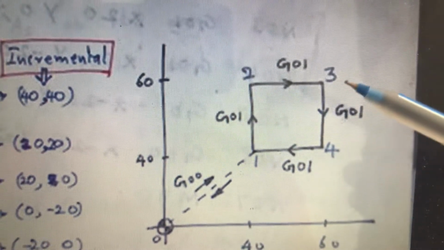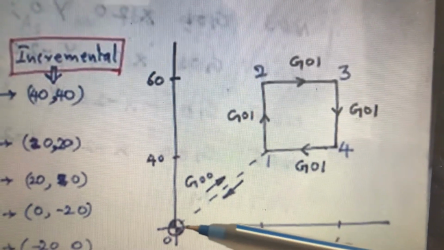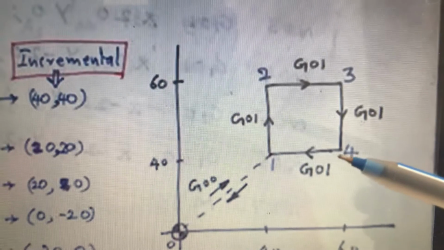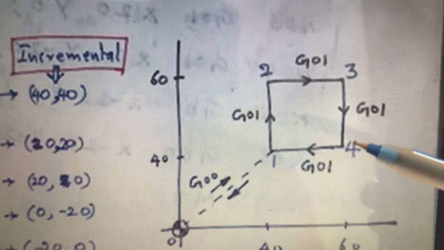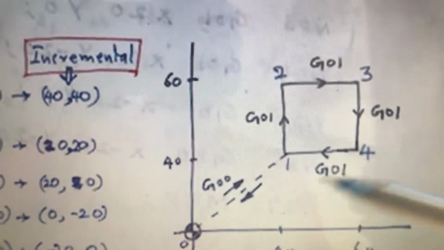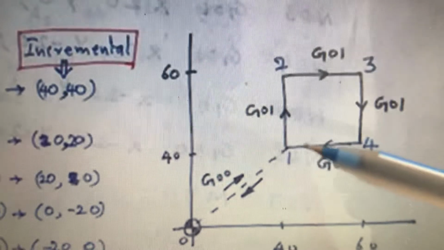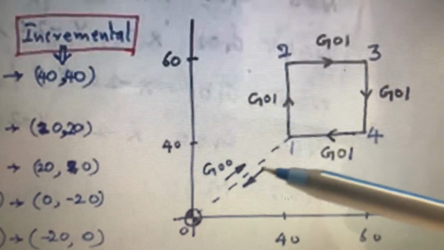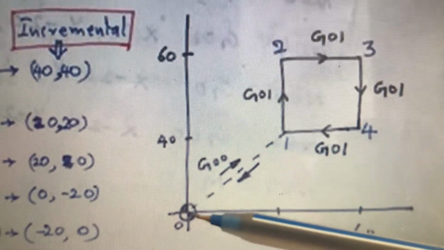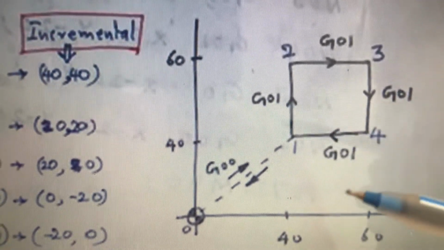Again, the value of xy at point 3 is also measured from the fixed origin 0, 0. Again, the value of xy at point 4 is also measured from the fixed origin 0, 0. If we measure the distance of x and y in all these points from only one fixed origin 0, 0, then it is called absolute positioning.